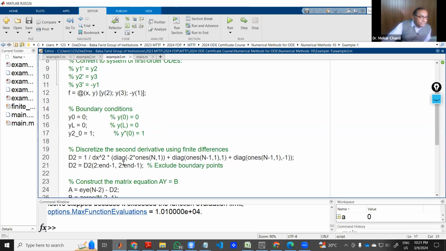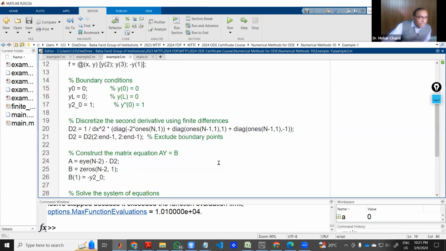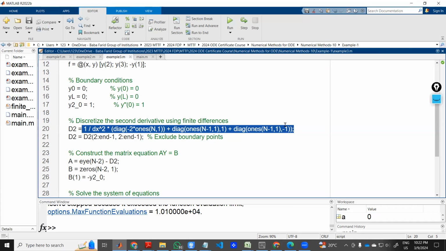Now discretize the second derivative using finite difference. So here d2 is equal to 1 upon dx square. What do you know about this expression? This is a finite difference. Yes, second order finite difference.